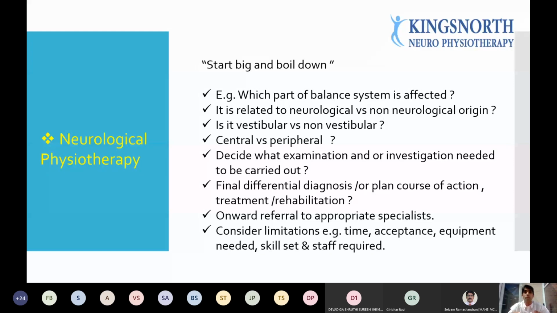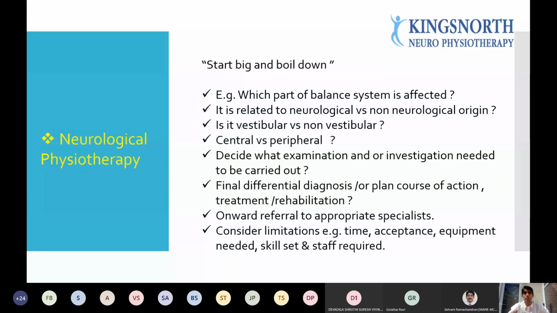When you say neurological issues, you're talking about the brain and the spine, so did they have any history to support it? You are almost asking questions to yourself from that time onwards, and then you're thinking about whether it is vestibular or non-vestibular.